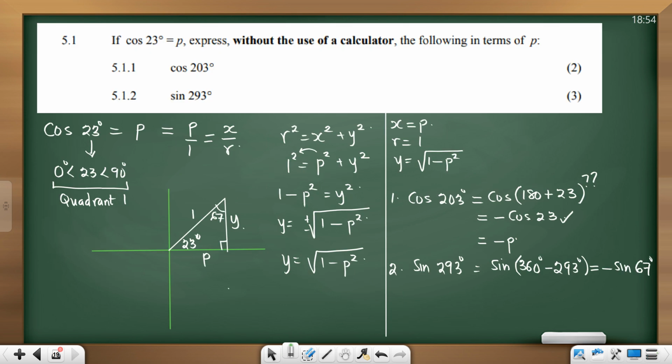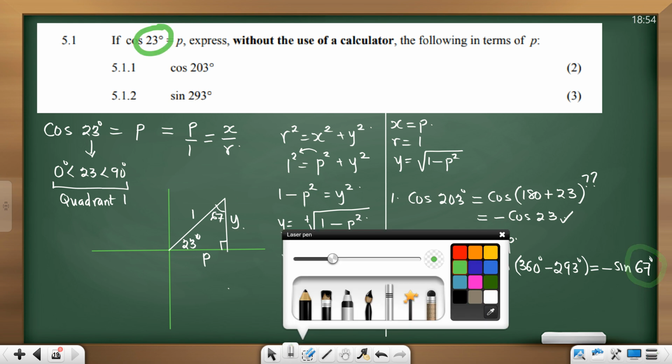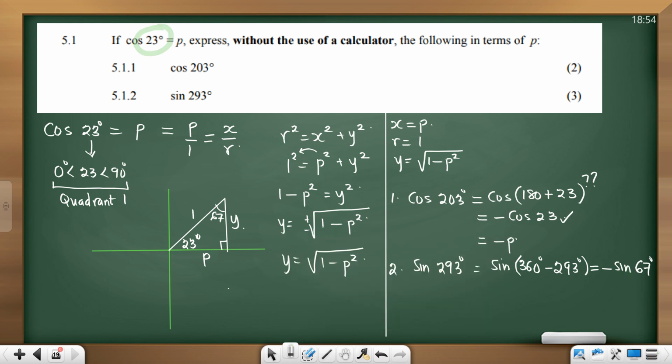This makes more sense if I look at what I now have. 67. Wait, what is 67 plus 23? 90. Oh, boom. So I can say, please check this, do you see why I had to do that last week? It's because I know I need it this week. Sine of negative 293 equals negative sine 67.